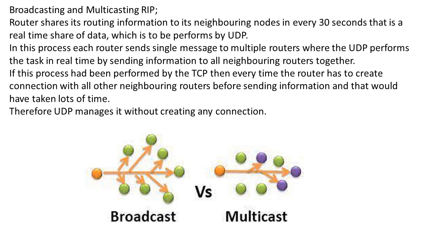If this process had been performed by TCP, then every time the router would have to create a connection with all other neighboring routers before sending information, and that would have taken lots of time. Therefore, UDP manages it without creating any connection.